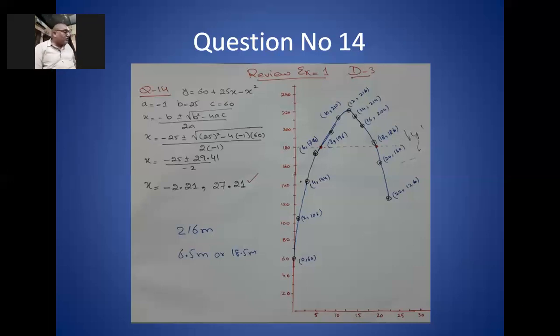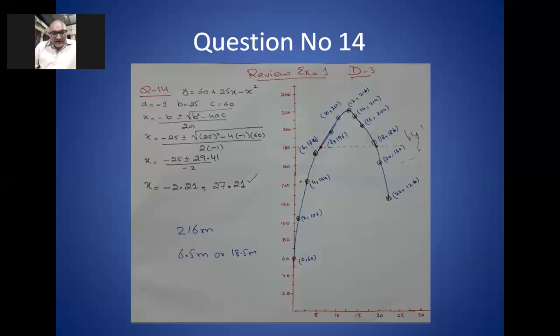It means when the height will become 0, or it means that when that stone will be at the sea level, when the y value will become 0, the horizontal distance from the foot of the cliff will be 27.21. Its horizontal distance from the foot of the cliff will be 27.21 meters. Very simple.